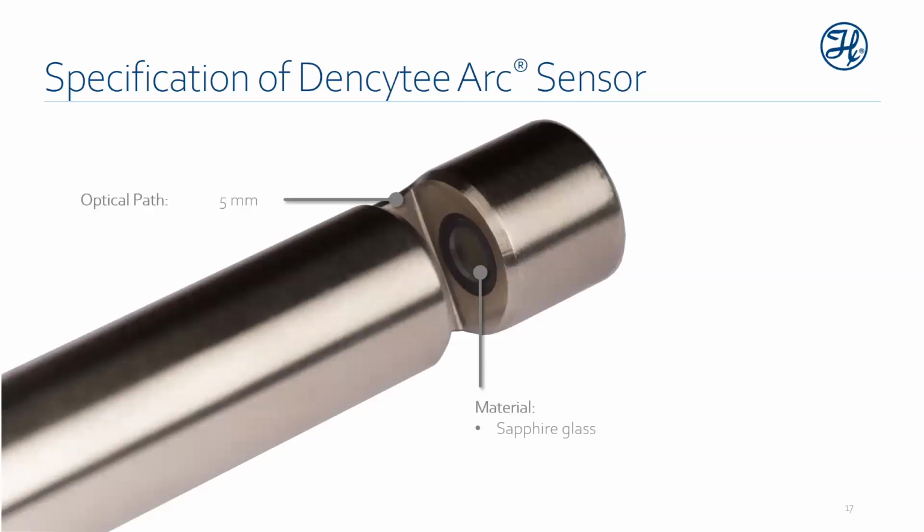This is 5 millimeters, and it is unchangeable. And within this, we have our stainless steel system, as well as a sapphire glass window that is conformed to a certain smoothness that allows for cells to pass through and the measurement to be made without occluding the measurement and/or resulting in fouling on the front end of the tip.